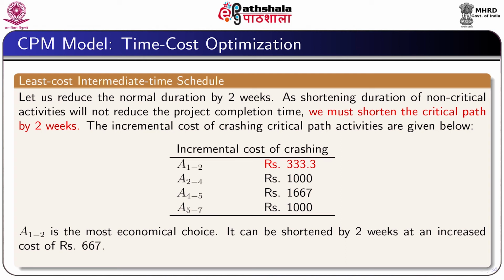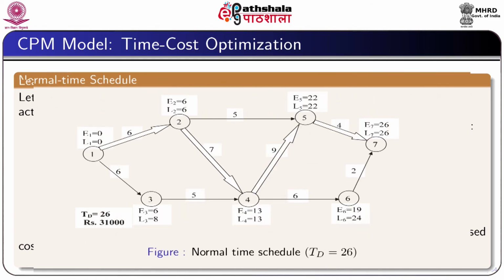Here activity 1 2 is the most economic choice, therefore it can be shortened by 2 weeks at an increased cost of rupees 667. This figure shows the normal time schedule, where the duration for activity 1 2 is 6, and we would like to reduce it by 2 units.